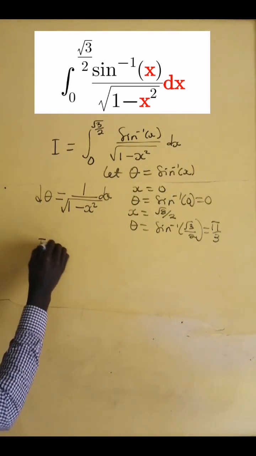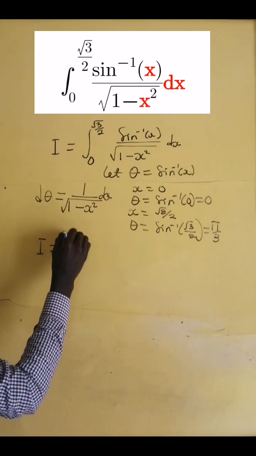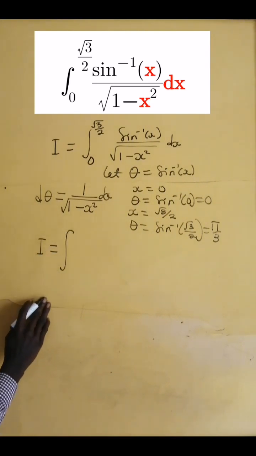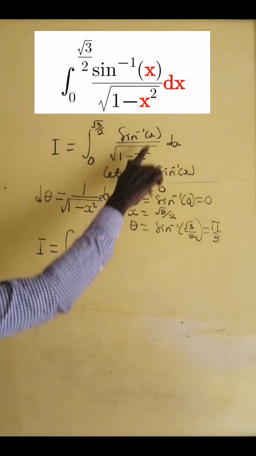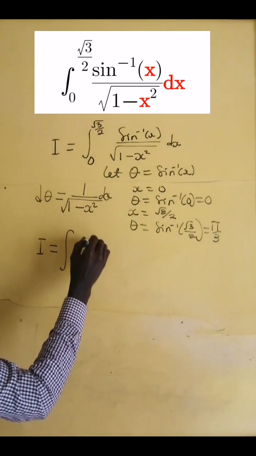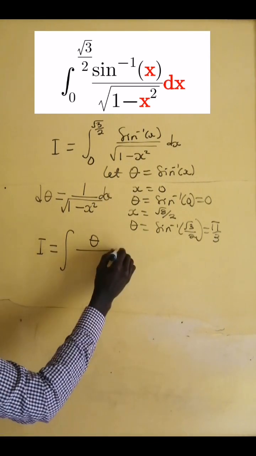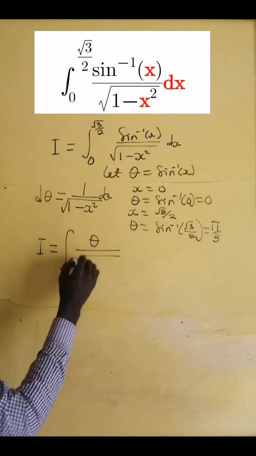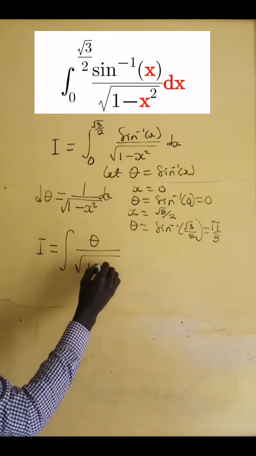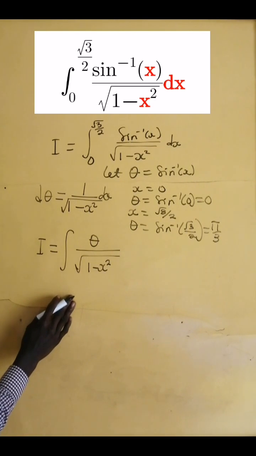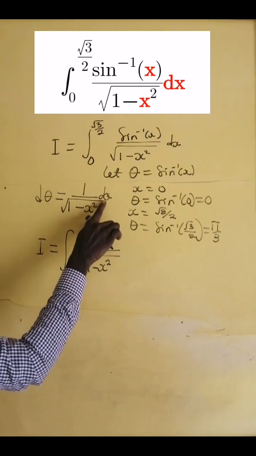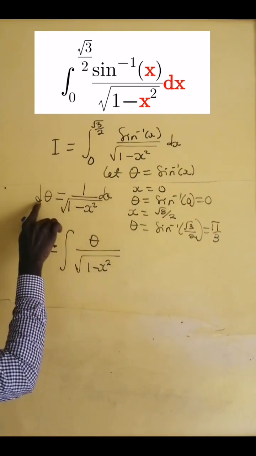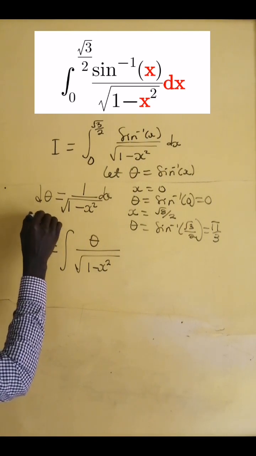This gives I equals the integral from 0 up to pi on 3, then you represent sine inverse by theta, divided by the square root of 1 minus x squared, and here dx equals square root of 1 minus x squared times d theta.